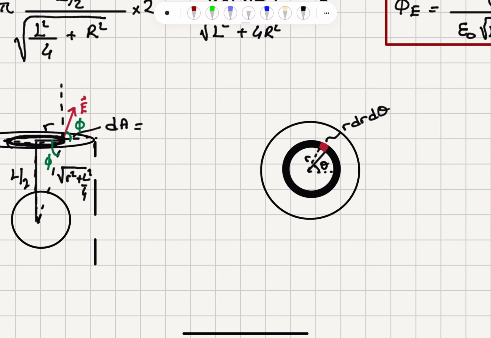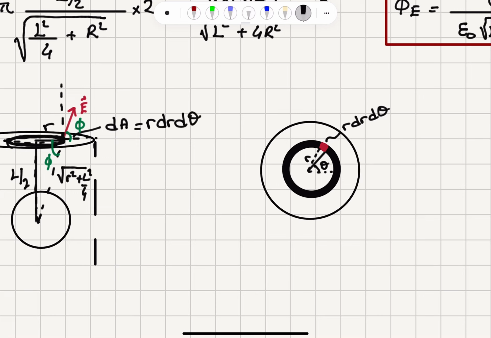You can see here, if we are at a distance r from the center, this distance is dr, this distance is r d theta, where theta is this angular displacement from the horizontal axis, and the area element is r dr d theta. So we find that the infinitesimal area is r dr d theta.